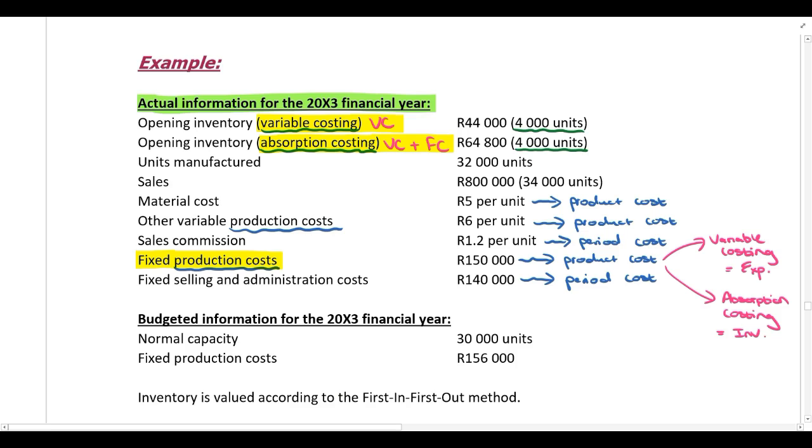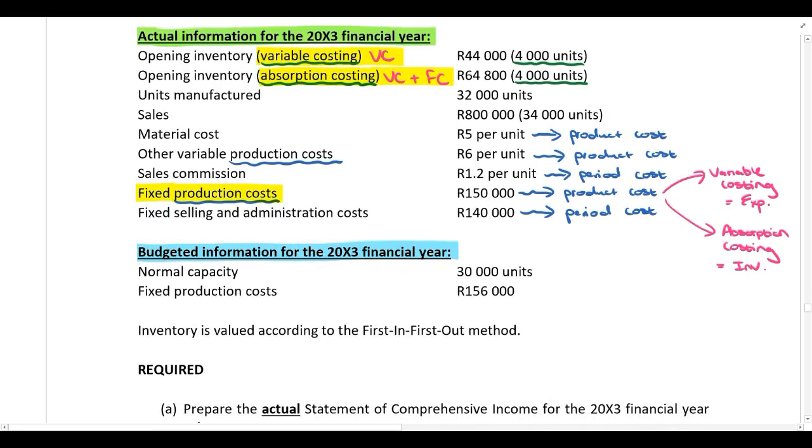We are then given budgeted information for the 20X3 financial year. We have their normal capacity to be 30,000 units, and we have fixed production costs of 156,000 Rand. Inventory is valued according to the first in, first out method.